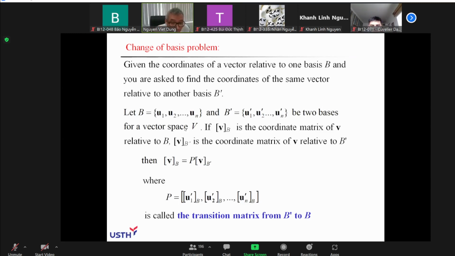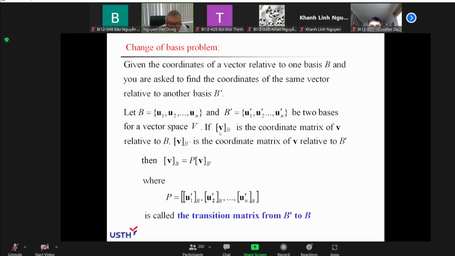Suppose that V has two bases, B of u1, u2, up to un, and B prime of u1 prime, u2 prime, up to un prime. Then like in the previous slide, we denote by [v]_B the coordinate matrix of v relative to the basis B, and [v]_B' the coordinate matrix of v relative to the basis B prime.